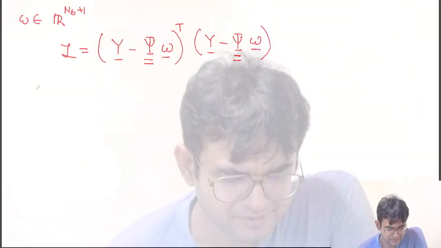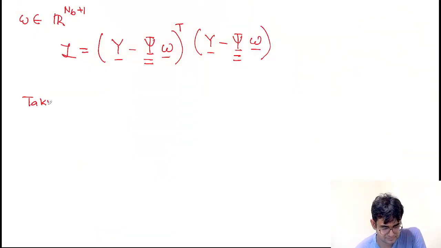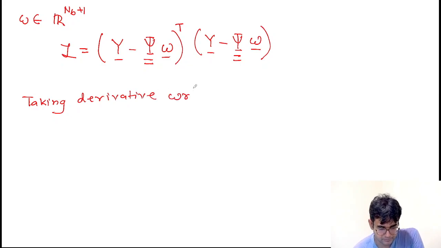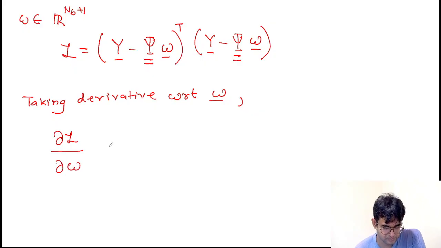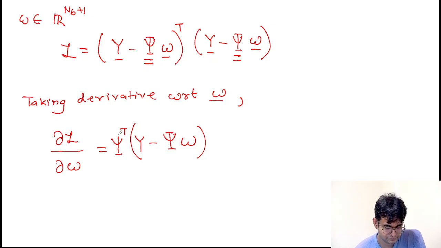So taking the derivative with respect to W, del L del W is equal to Y minus psi W, and then there will be a psi transpose coming into the picture, right?